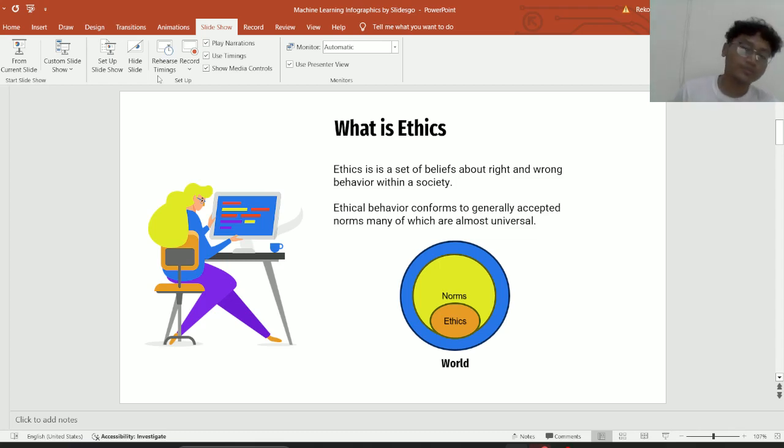That means many of the norms are universal in our world. So ethics is related to norms and they are connected to each other. Ethics is the way we behave about the norms that have been made to make sure that we stay away from the wrong side and we behave right.